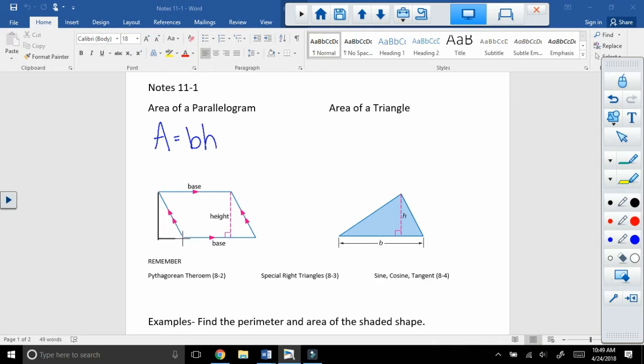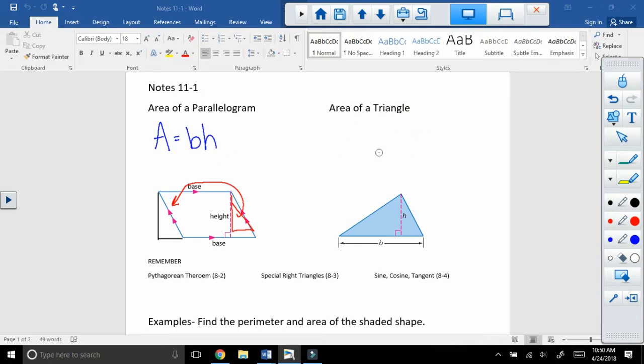You're probably really used to area of a rectangle from previous math classes. Do you see that you can take this triangle and just locate it back over there? It has the same length of the base and the same height. It works for any parallelogram. Area of a parallelogram is base times height.